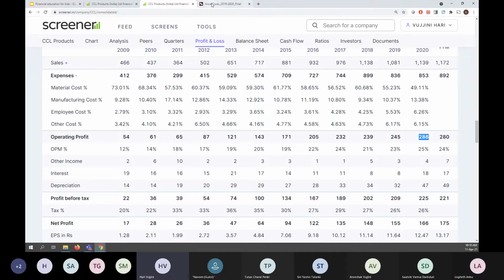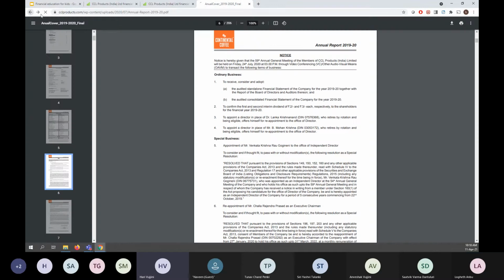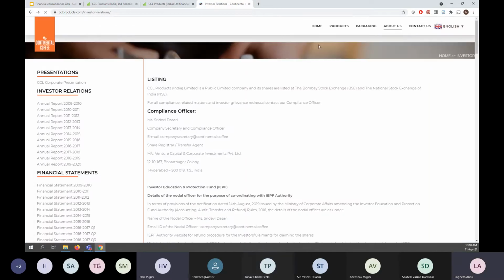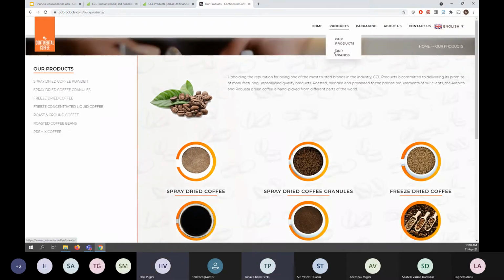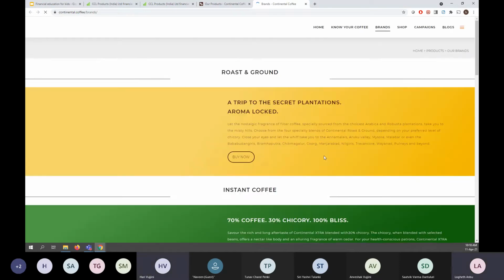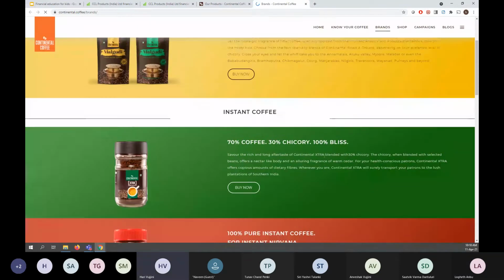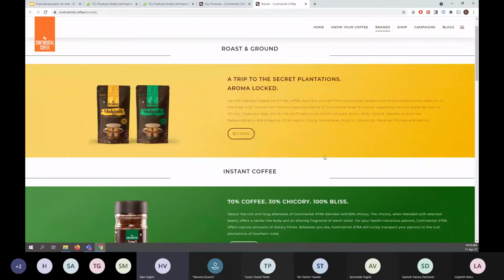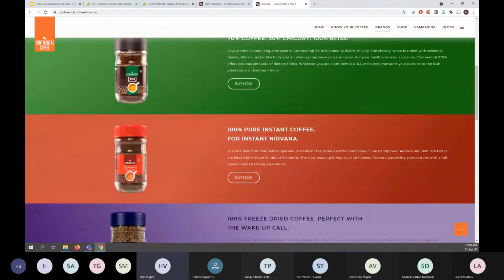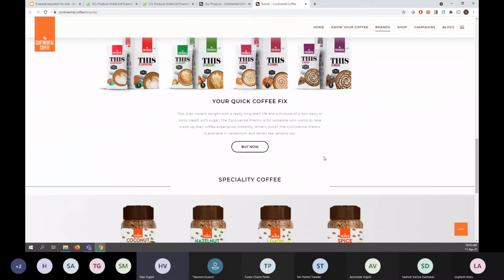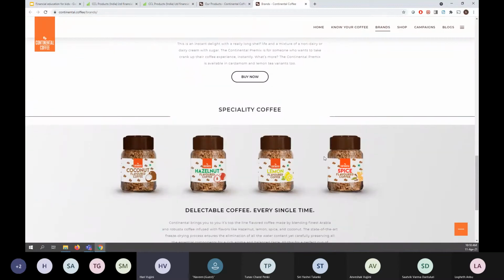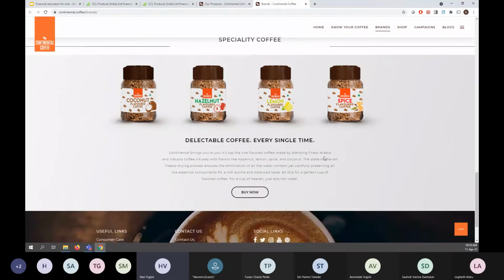You could see the products if you go to their website and go to the products. These are all the brands they are selling in India. Malgudi is one brand. So basically, they want to sell this to the customers directly. Before they were selling it to the supermarkets, but now they want to sell directly.